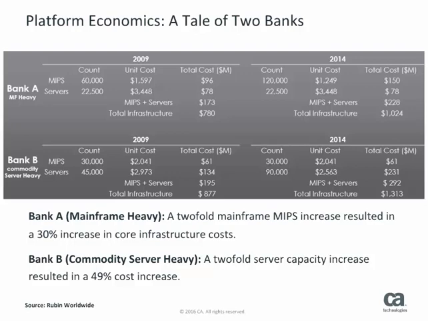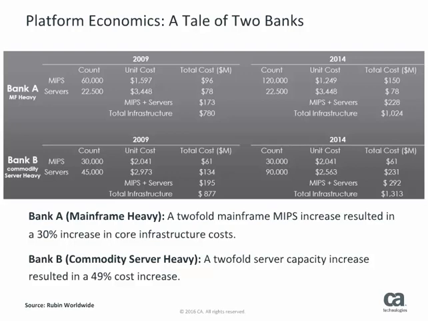Dr. Howard Rubin is a technology economist who recently updated his study from 2012 that looked at the relationship between computational intensity and total cost of infrastructure, or the relative cost differential between mainframe or MIPS-intensive power and distributed or server-intensive power.